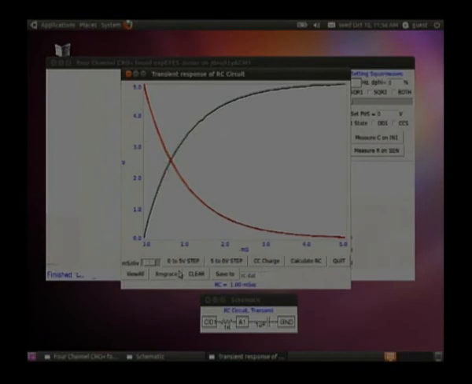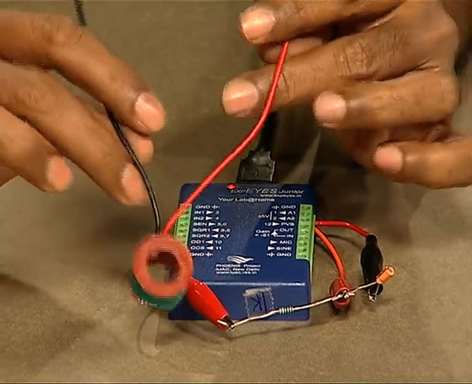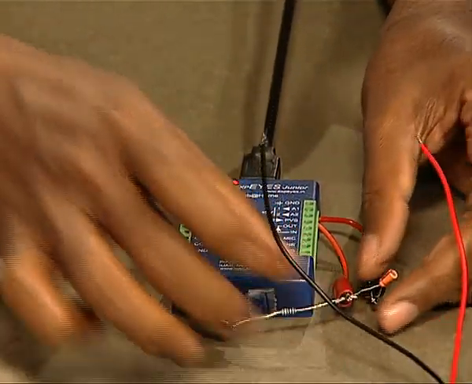So, we have seen how the capacitor behaves when you give a voltage step through a resistor. Now, we will try to do the same for the inductor. For the inductor, we will use this coil which has 3000 turns of copper wire. So, we will simply replace this capacitor with our inductor.